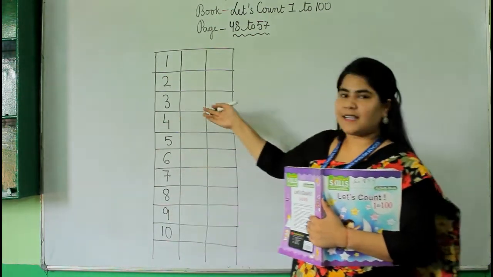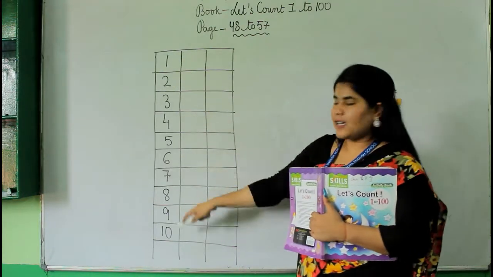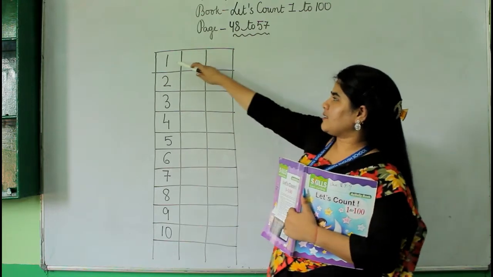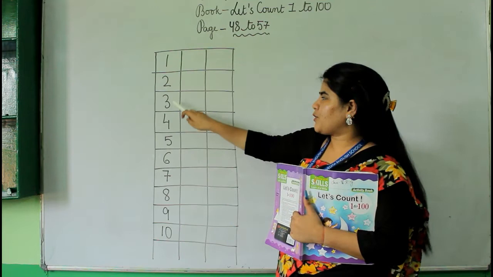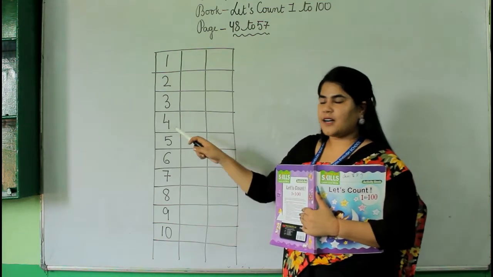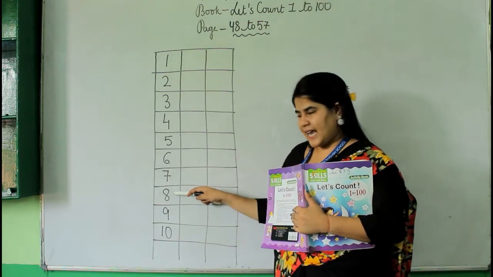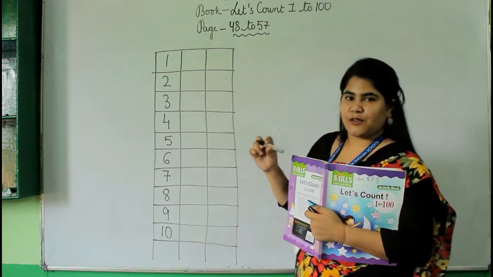So let's study this, okay? Everyone have a look at the board. What it is written? The numbers from 1 to 10. So let's study 1, 2, 3, 4, 5, 6, 7, 8, 9 and 10. Now we will write down, okay?